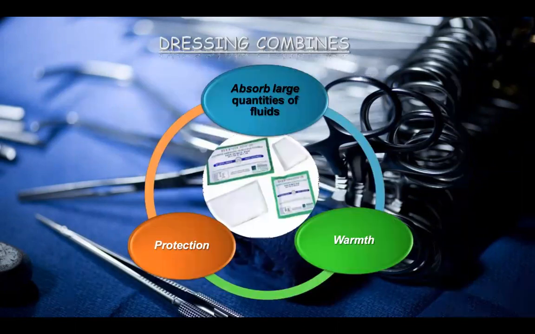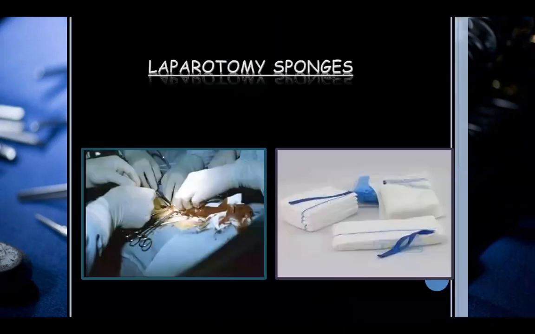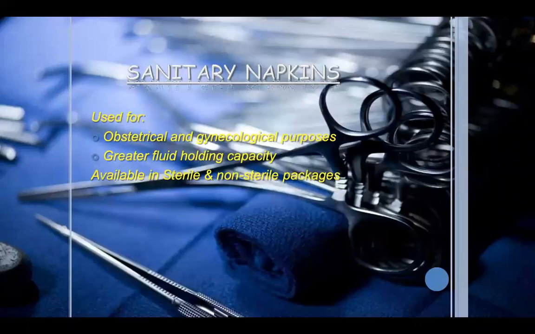Then dressing combines. They absorb large quantities of fluids and provide protection and warmth. Then laparotomy sponge. During surgery, various sponges are required. These are known as laparotomy sponges. Then sanitary napkins, used for obstetrics and gynecological purposes, with greater fluid holding capacity, available in sterile and non-sterile packaging.